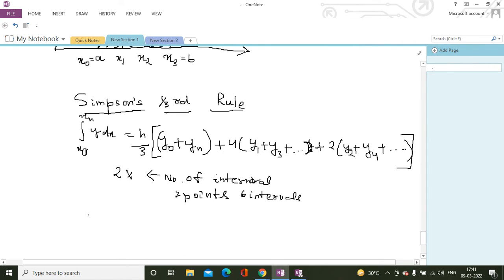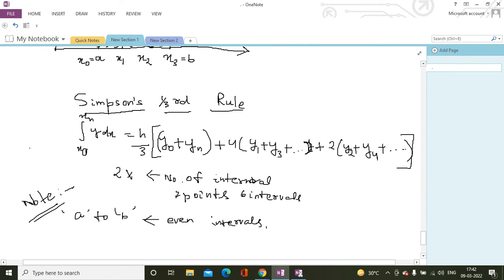Always remember while applying this that you should be dividing the whole range of a to b into an even number of equal intervals. Okay, so this is the point which has to be noted. This is our note that Simpson's one-third rule is applicable when there are equal width of even number of subintervals.